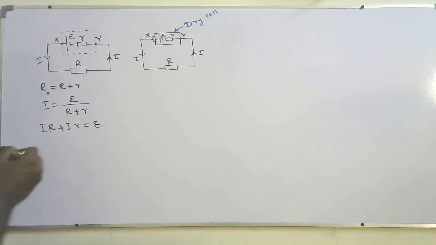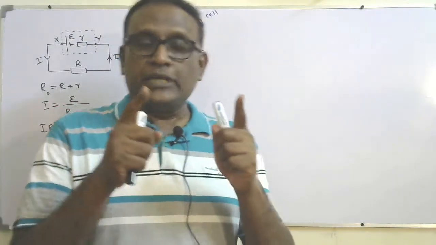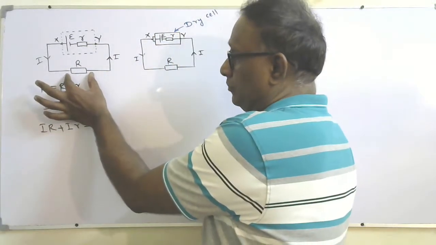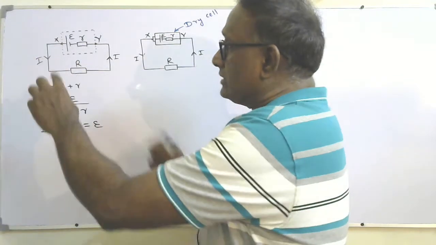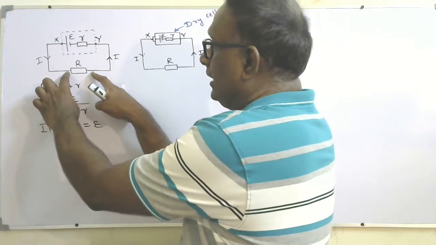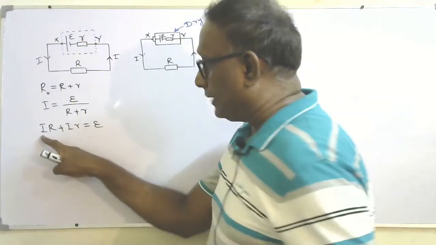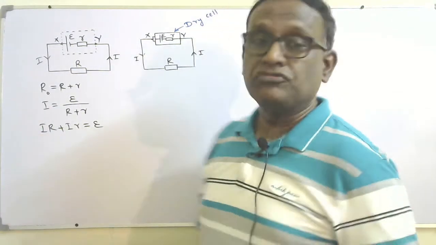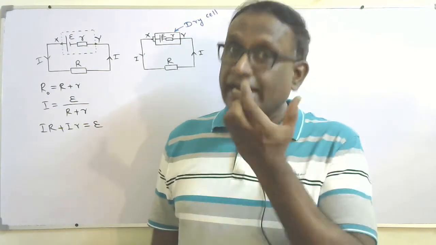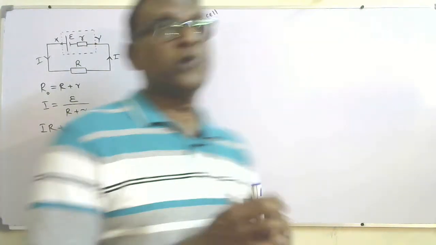Now look at here. The voltage across the terminals of the cell is the voltage applied across the external component. So voltage across the cell is the voltage across the external component, that is I times capital R. IR is the voltage applied by the cell to the external component, and that will be the terminal potential difference.